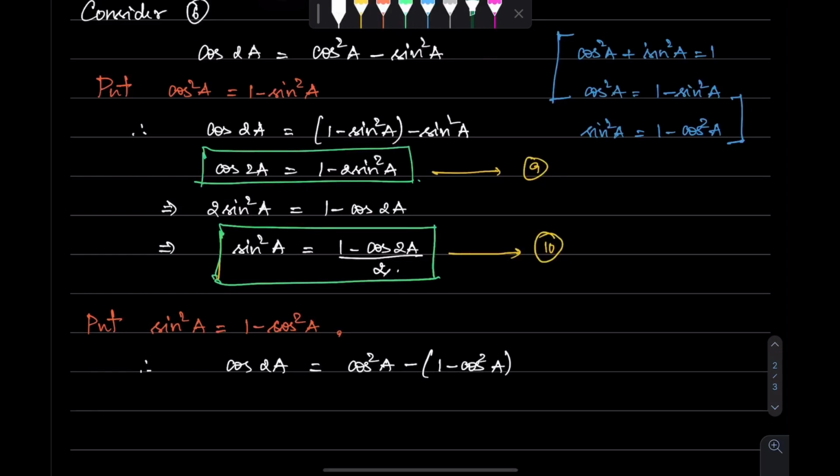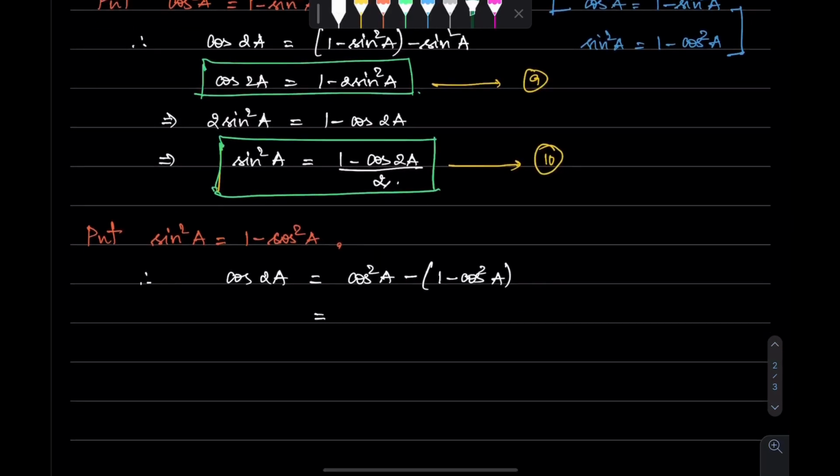So what happens now here? This is nothing but cos square a minus 1 plus cos square a, which is equal to 2 cos square a minus 1, which is your cos 2a. Is that okay, children? This is your another result.